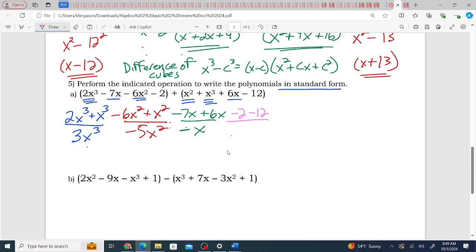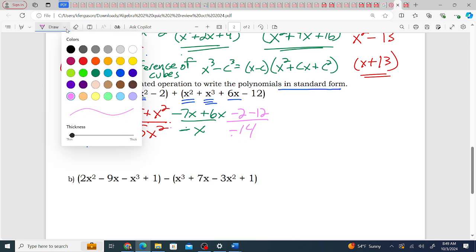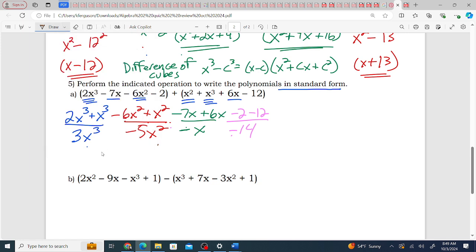Because the signs are the same, it's an addition problem. Negative 2 and negative 12, that's negative 14. Now, if you wanted to, you could rewrite this so it's a little closer together. But I would accept the answer if it was written like that. That's standard form.